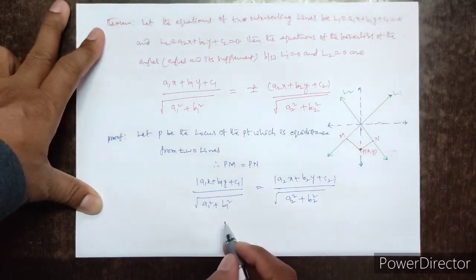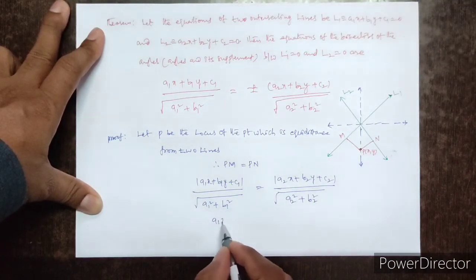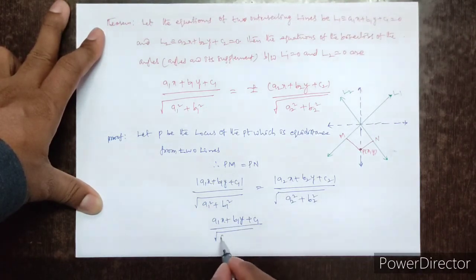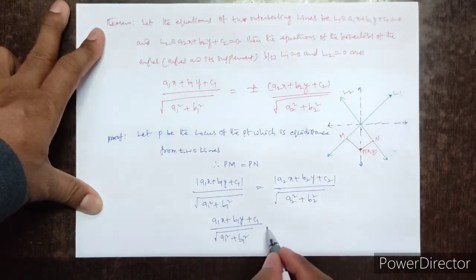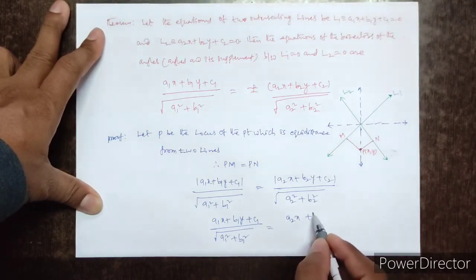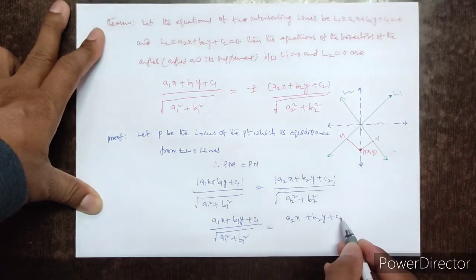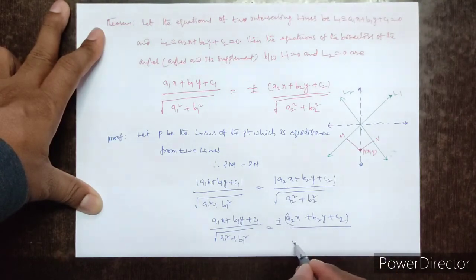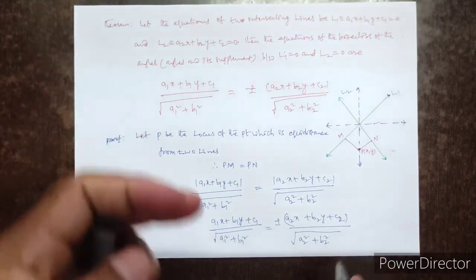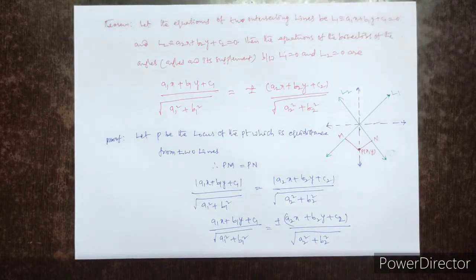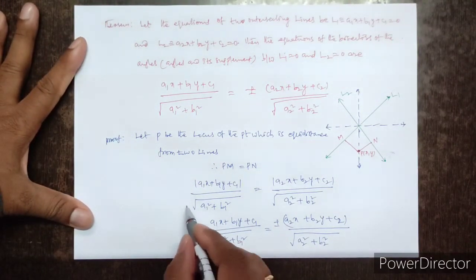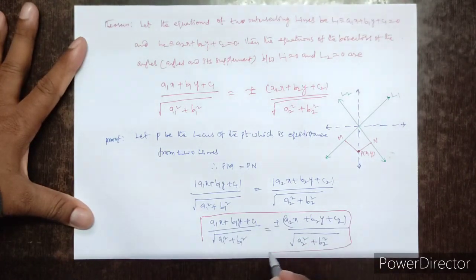To remove the modulus, we get plus or minus. So a1x plus b1y plus c1 by root of a1 square plus b1 square equals plus or minus a2x plus b2y plus c2 by root of a2 square plus b2 square. These are the equations of the bisectors of the angles of the pair of lines.